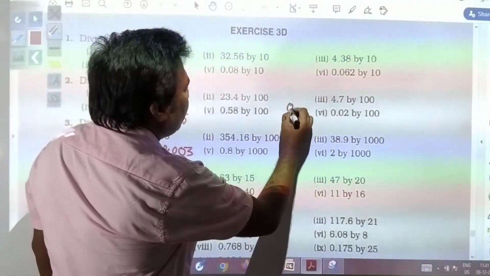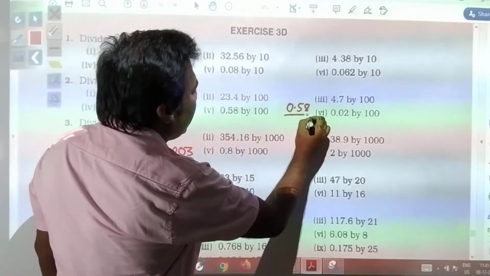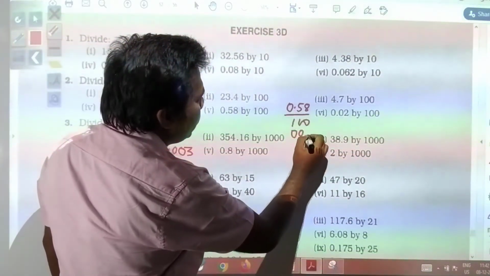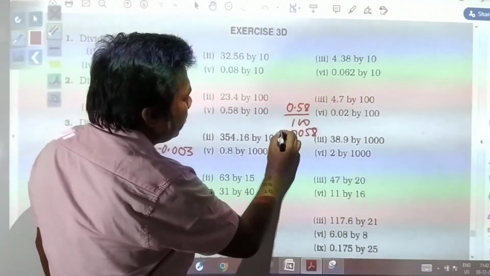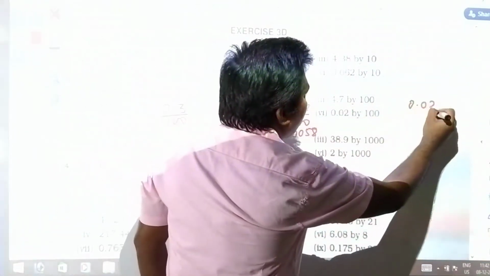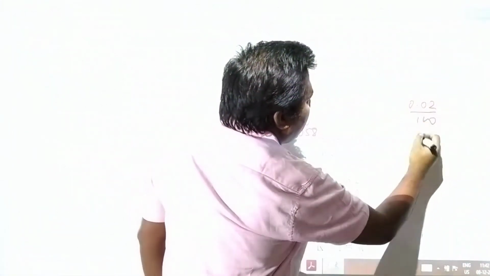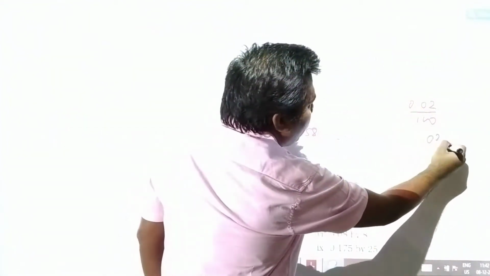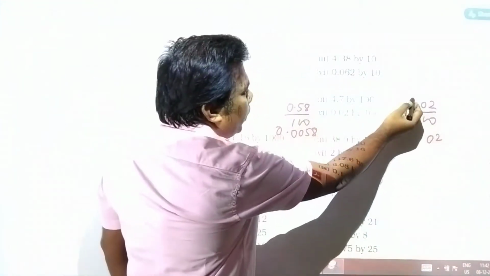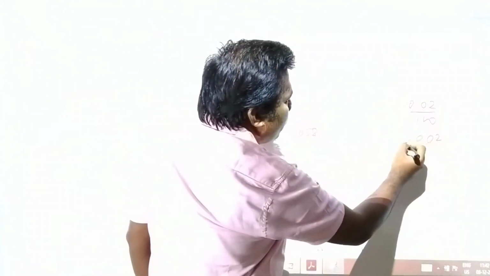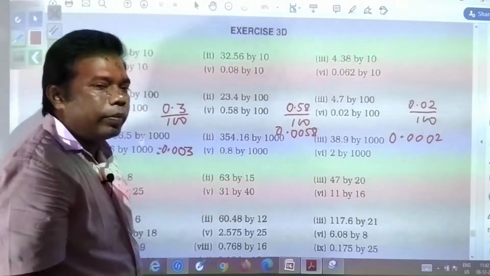Here 0.58 divided by 100 you have, so again 2 zeros are required, 0058, and here decimal you will have. Here 0.02 divided by 100, again here 2 zeros you need. So already 0 2 your number is there. This will come 2 places left side, so 0.0002. This will be your answer.